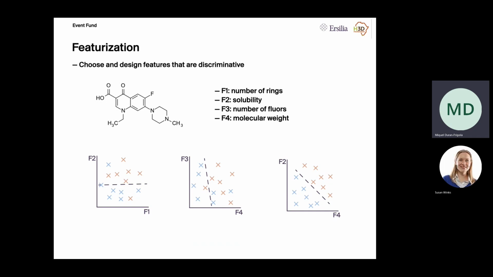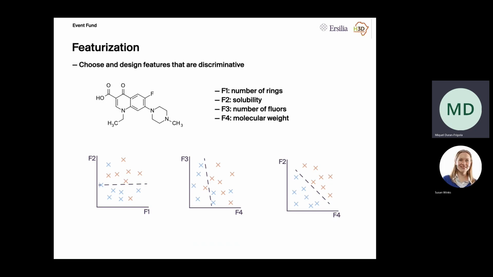Then we can plot these features, for instance, F1 versus F2, and see whether these features are able to discriminate between active and inactive compounds. I'm seeing here that F2 is kind of capable of doing so, and F4 is also kind of capable of doing so.